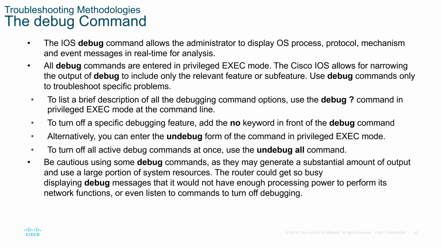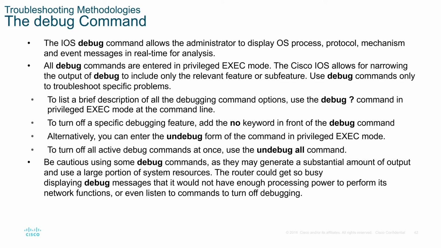Because debug takes a tremendous amount of processing power, you want to only use it on very specific things. You would never say debug all because the amount of power that it takes would stop you from doing anything else with the device, including shutting off debug.